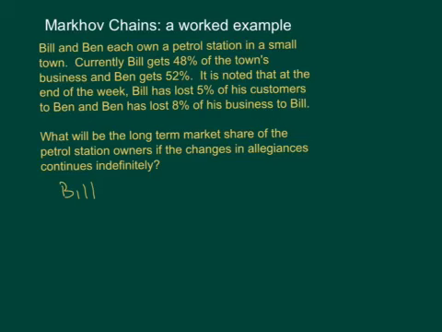So Bill has 48%, and we always write these, well I do anyway, as decimalised forms of percentages. So Bill's got 48% and Ben 52%. Okay, remember what that matrix is called? It's called the initial state or probability matrix, and we're going to call it P0, probability 0. 0 normally means initial state in mathematics.